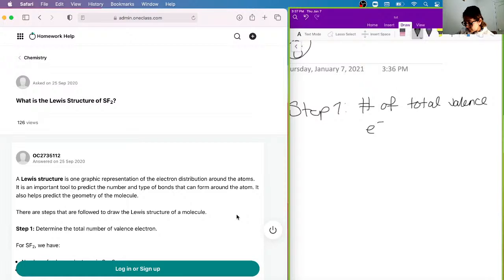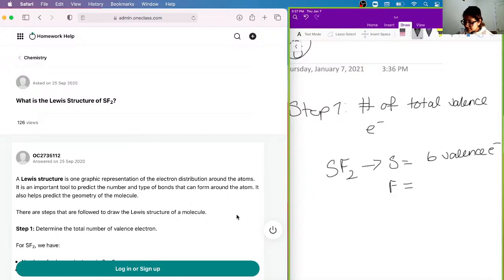In this case, we're working with sulfur dichloride, and so sulfur has 6 valence electrons, and we have fluorine, and in this case we have 2.